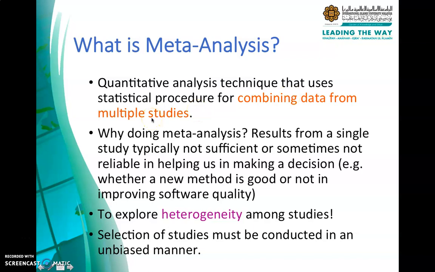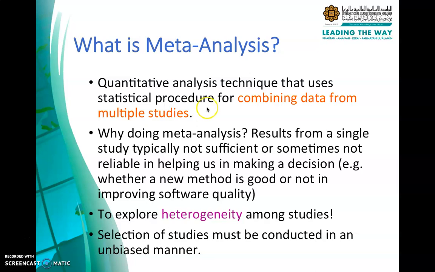So let's say we have conducted a number of studies, all quantitative, and we have some data out of those studies. Actually we can aggregate, or combine, the data from several quantitative studies, and then we can do meta-analysis.